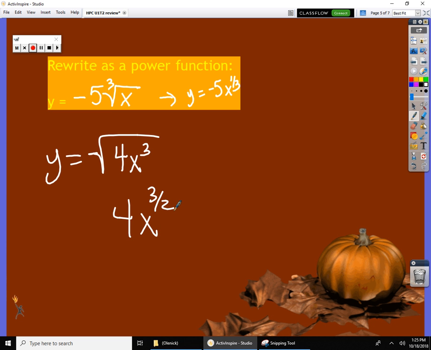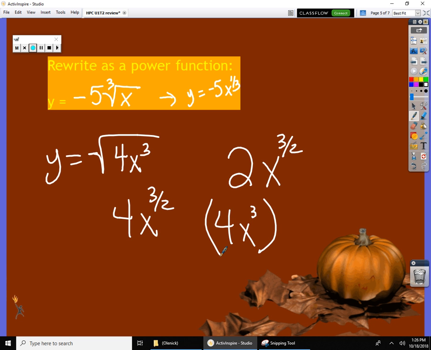That's not correct. So one correct answer is 2x to the 3 halves. That is one correct answer. What's the square root of 4? Now, if you wanted to, you could have also done 4x to the third in parentheses.